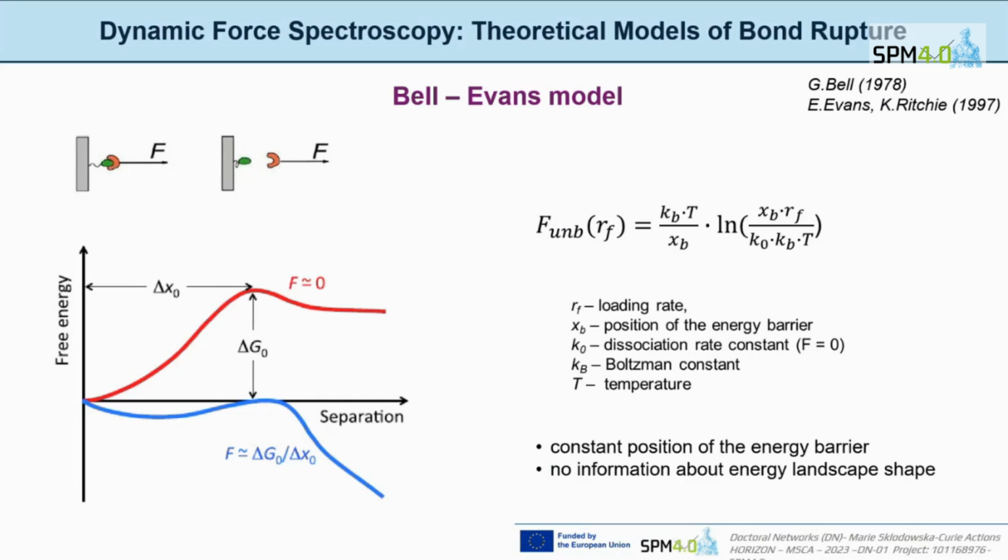The basic approach is the Bell-Evans model. Here the limitation is that we assume a constant position of the barrier, which of course is a huge approximation of real life.